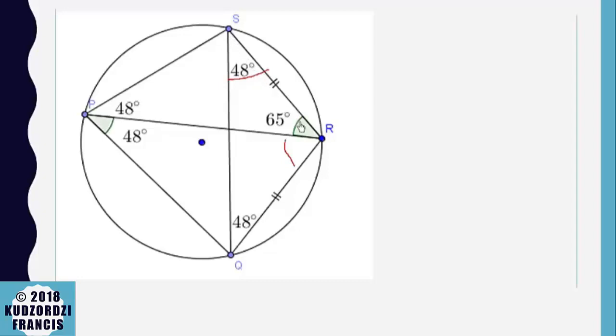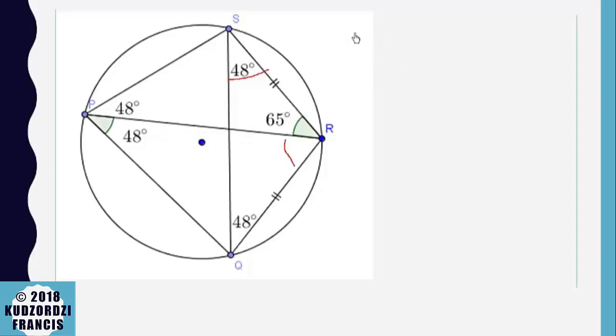We have this chord also over here, which is equal to chord RQ. So chord RQ is equal to chord SR, and equal chords subtend the same angle.